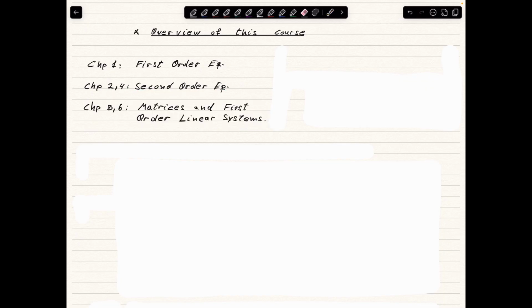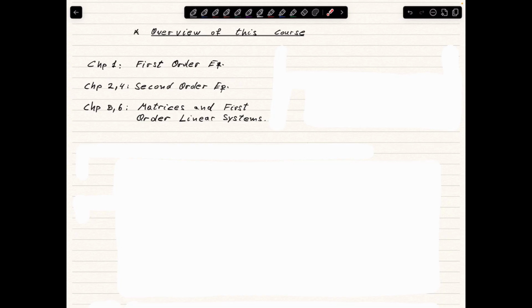Then in chapter 5 we introduced matrices and matrix algebra that we needed in chapter 6 to understand how to find solutions of first order systems of linear differential equations.